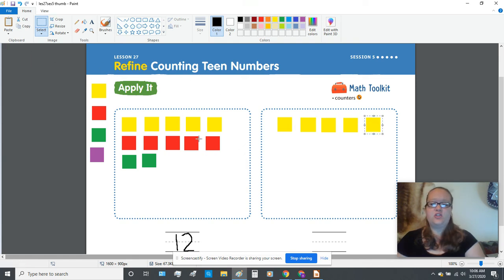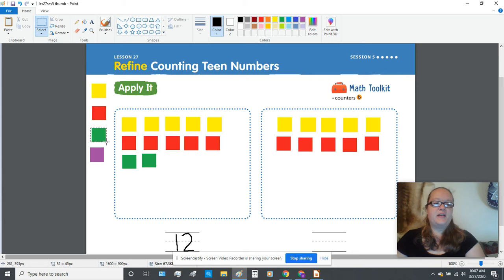Go ahead and start moving your cubes you used over here onto this side now, because you're going to need them all. Well, not all of them. You're going to be reusing them, let's say, okay? So making a tens frame with our cubes, meaning we need all 10 of our yellow and reds to make a teen number, okay?